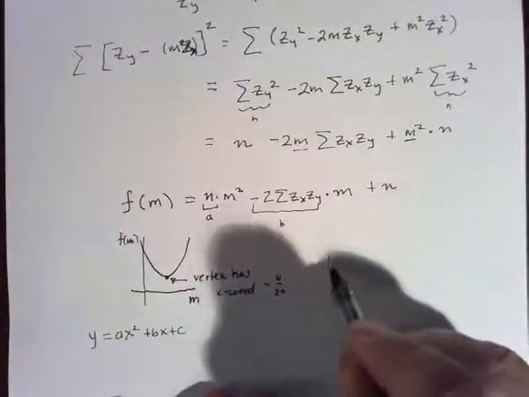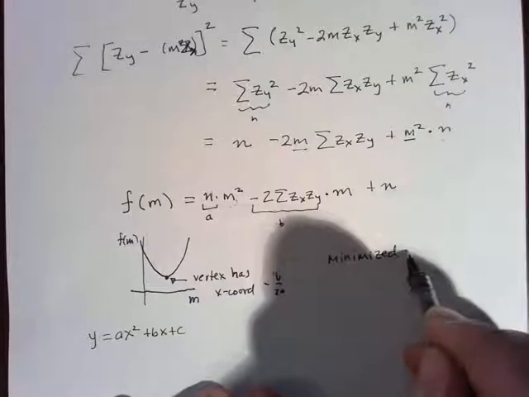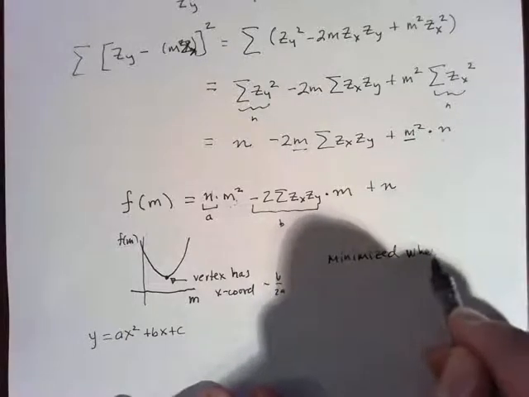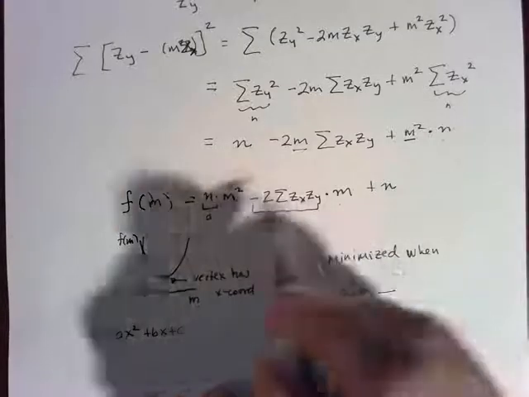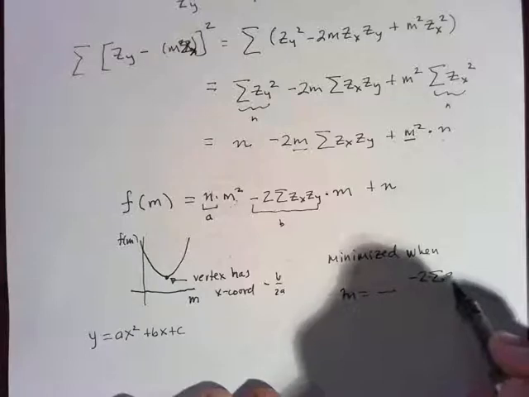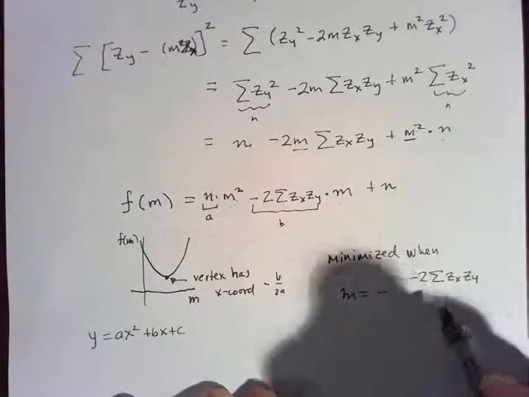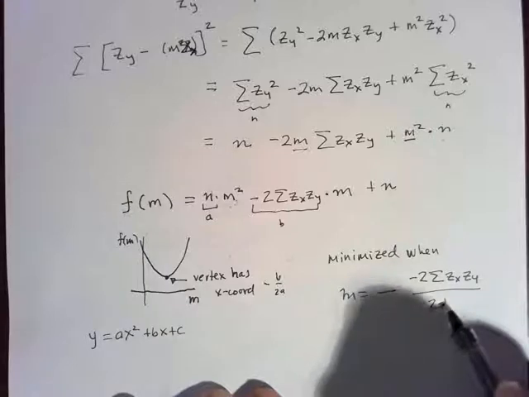So this is minimized when m equals minus b, there's my b, over 2 times a, for 2n, so that's my a.